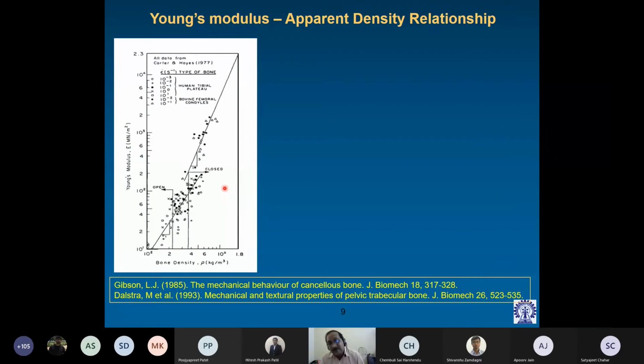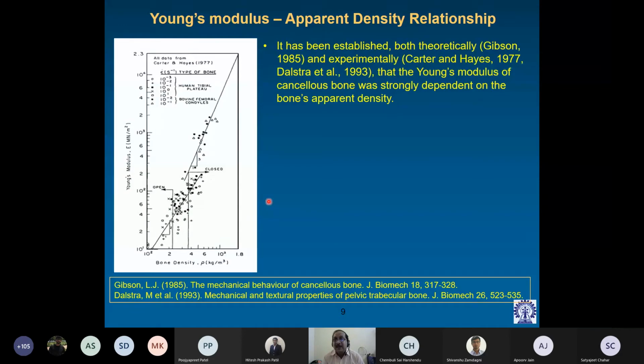Now, what Gibson tried to do is to relate the behavior with the analytical models of the cancellous bone. The analytical models are the open cell behavior, as you can see here, and a closed cell behavior. And there is, of course, a transition phase. What Gibson tried to fit is the model with the experimental data of Carter and Hayes.